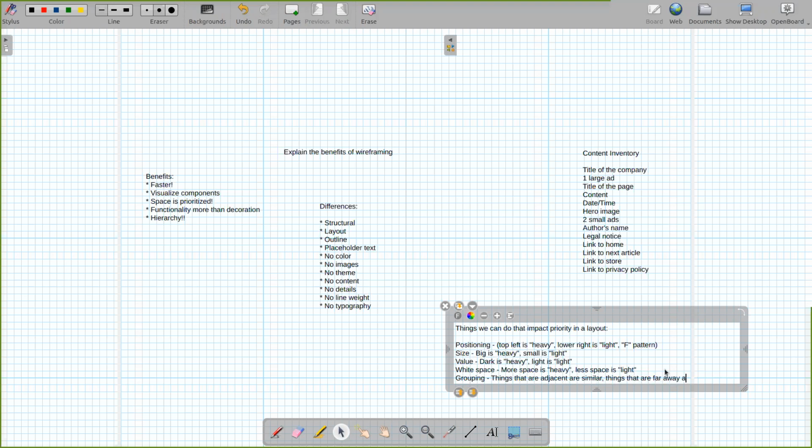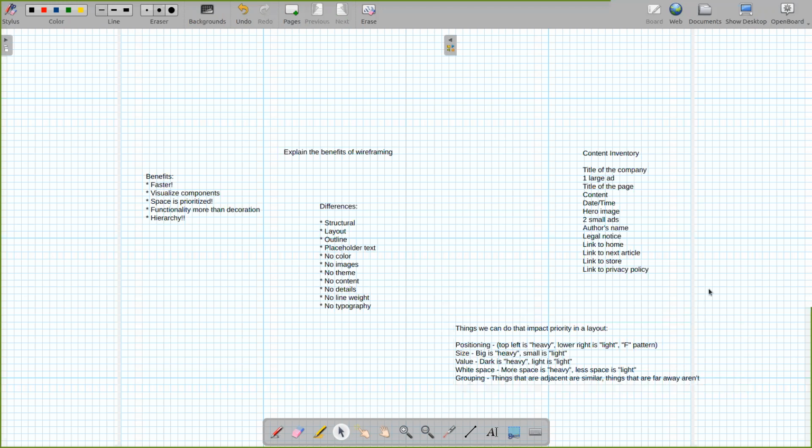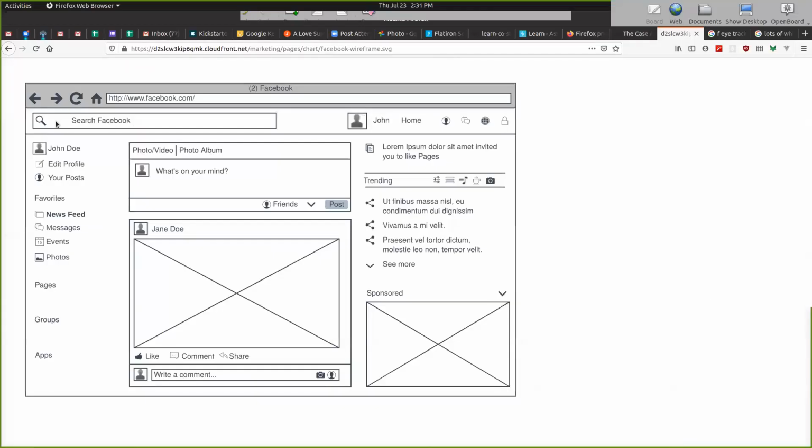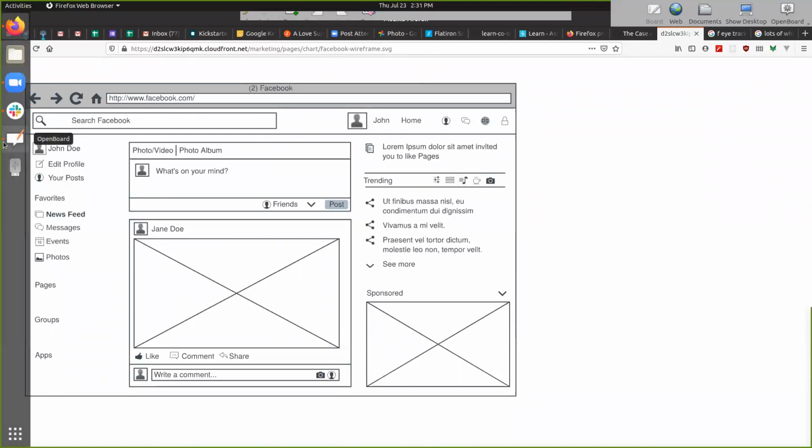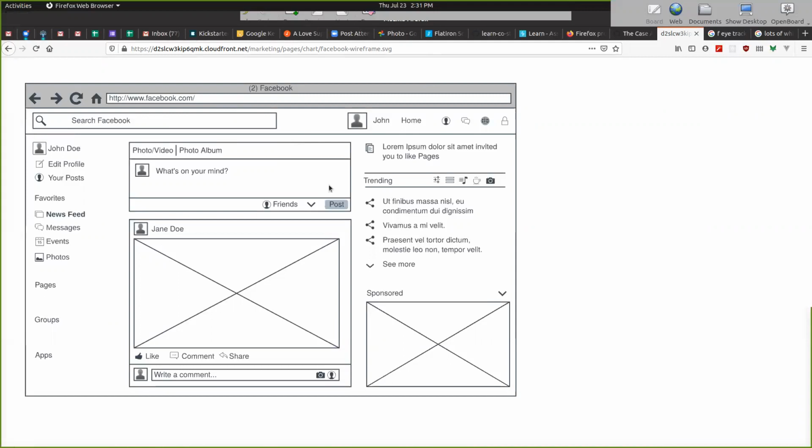Things that are far away aren't. It's very common in a wireframe to indicate those with boxes. But if you've been to one of my how to make your app not look like shit lessons before, you know that, boy howdy, the fastest way to drive me crazy is to put a whole bunch of boxes around stuff in layouts. So even in something like this, we're more showing that this is a blog post or something, so all of these elements belong together. But as we start getting tools like color back, we have more effective ways than literally just drawing a box around them.